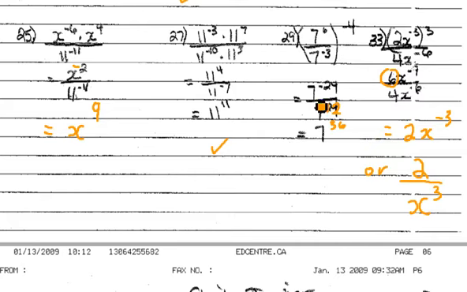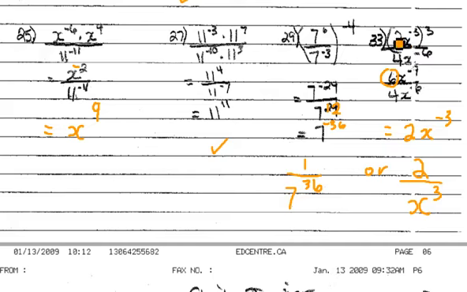So it will end up giving us 7 to the power of negative 24 and 7 to the power of 12. And then we subtract, so we have minus 24 subtract 12, which will give us negative 36. And that could be written as 1 over 7 to the power of 36.